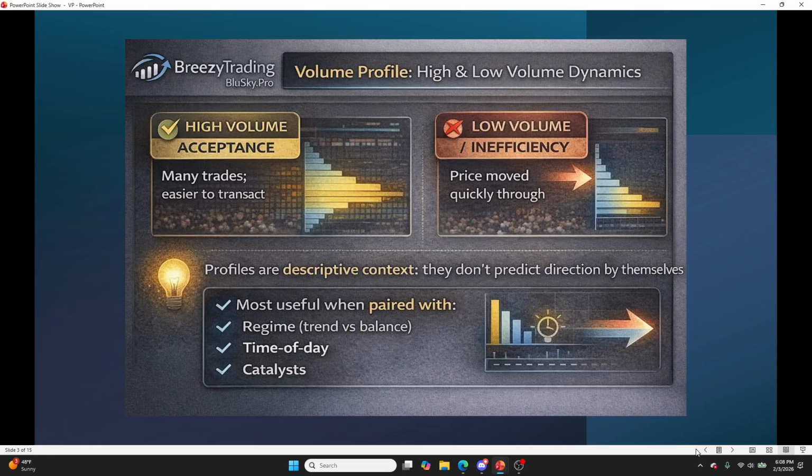So when you have what's called a high volume node, which would be this area here, and price holds it, for example, you come into it, price holds it, and you reverse. From a visual perspective, it's really not too hard to say, hey, I know this is the most accumulated volume and it held. This is buyer confirmation.